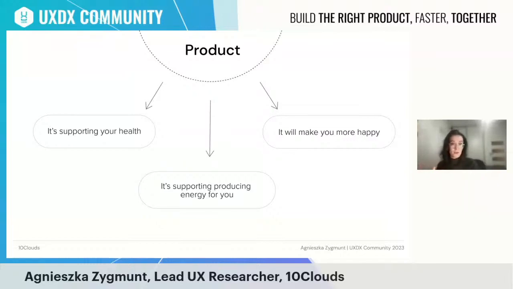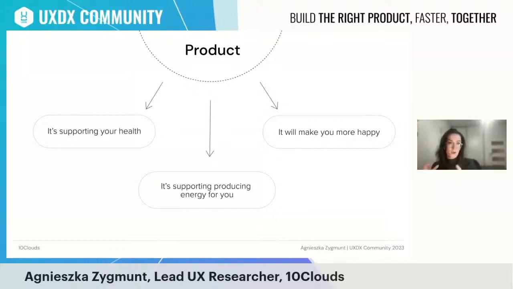And because we have lots of users, we have lots of different needs and problems. And what we found out is that even if we have different needs and different problems, we can solve them with the same feature. But what we need to change is the promise that we give at the beginning.